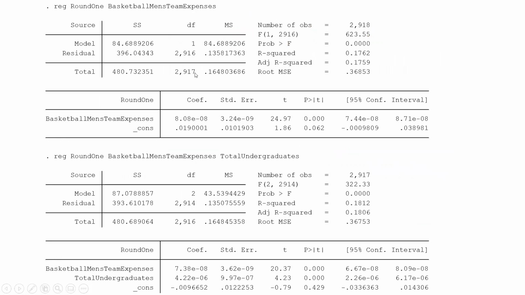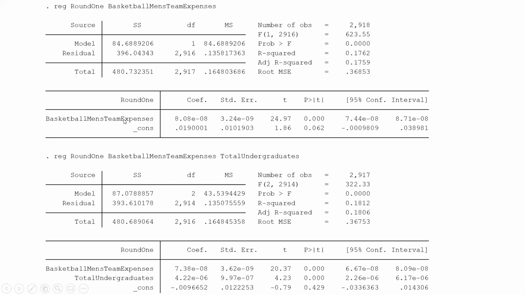Sure enough, now this is an Excel output. This is from a program called Stata. It looks a little bit different, but it still gives us our coefficients, our standard errors, our test statistics, and our p-values. So notice when I simply use whether or not they made it into the first round as my y variable, and basketball team expenses as my x variable, it's a pretty small coefficient, right? e to the -8, so move this 7 places to the left.